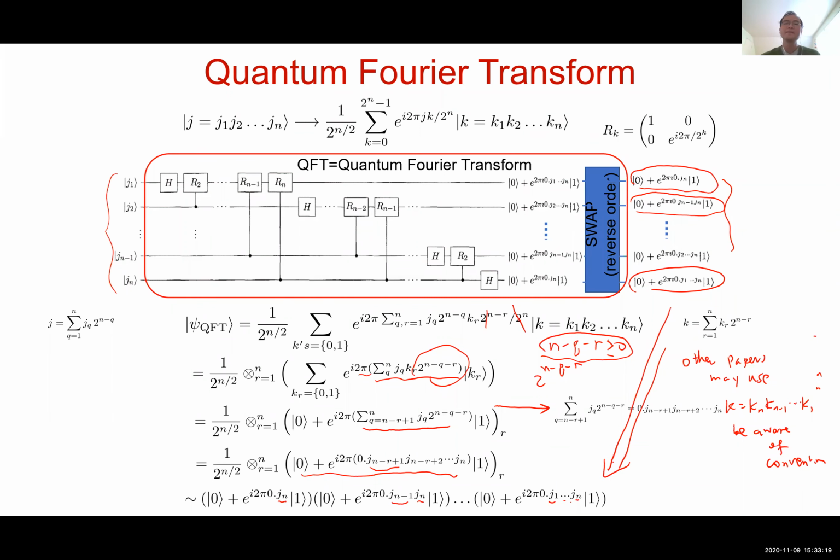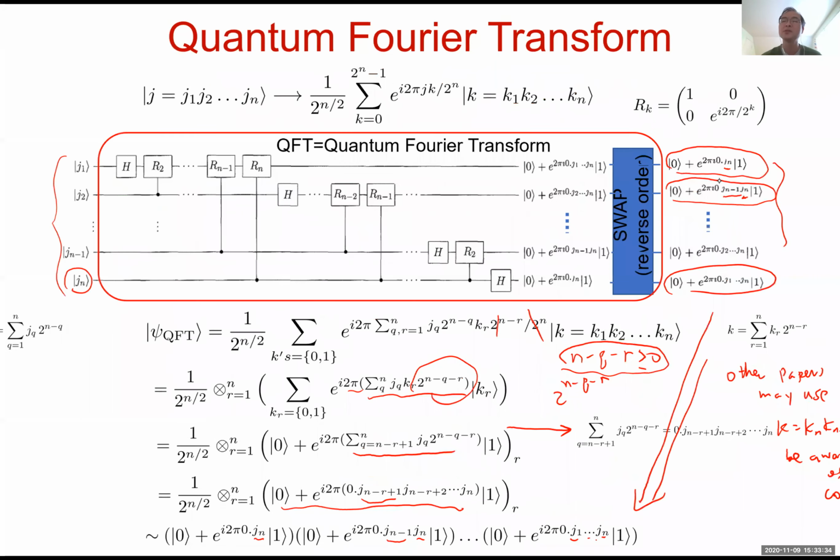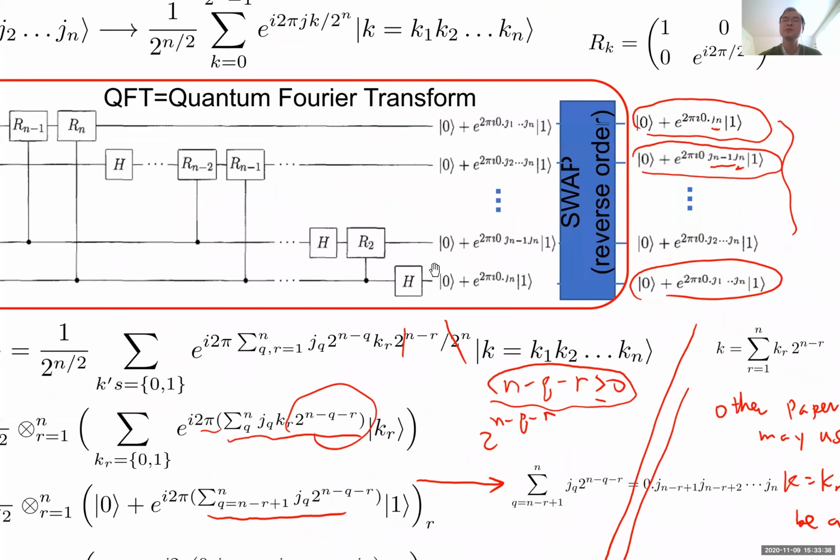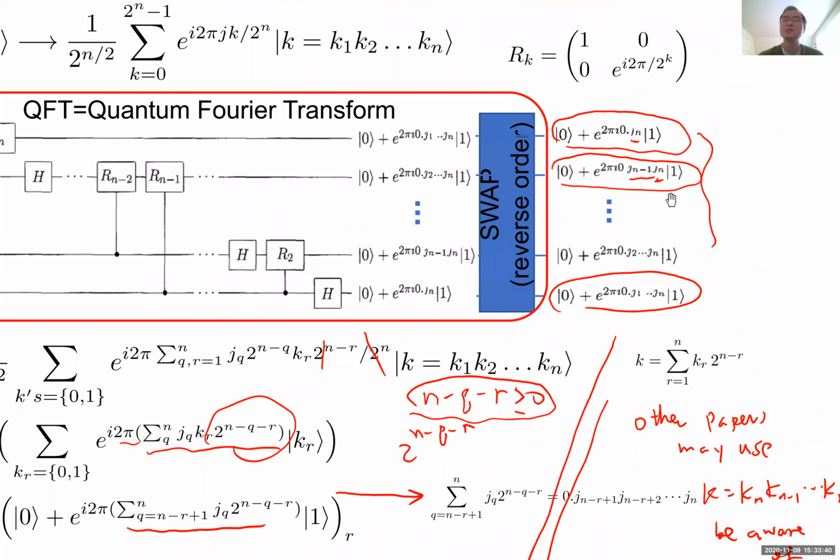Okay. It's very interesting that Jn is put here, and then Jn also here, but it's the next digit when you include Jn minus 1. Let me make it bigger. So it's easy to read this, even if you don't understand the detail.